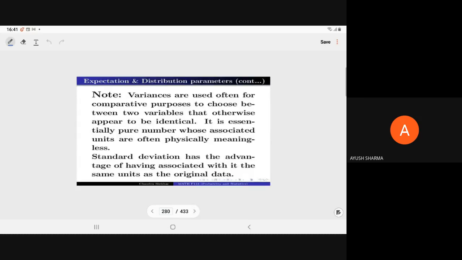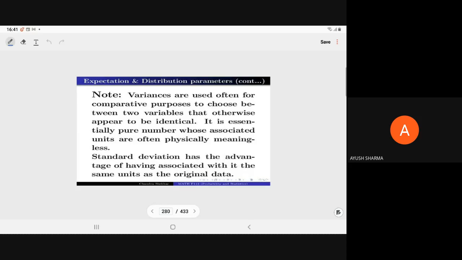Note, variances are used often for comparative purposes. Generally, when we have to compare two processes or two products, then we use the variance. Variances are used often for comparative purposes to choose between two variables that otherwise appear to be identical. The product, the process, which seems to be identical.